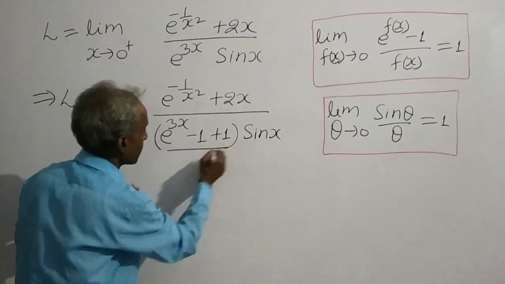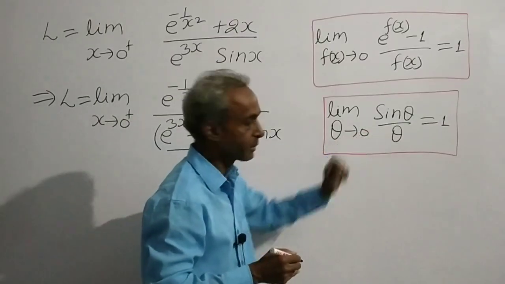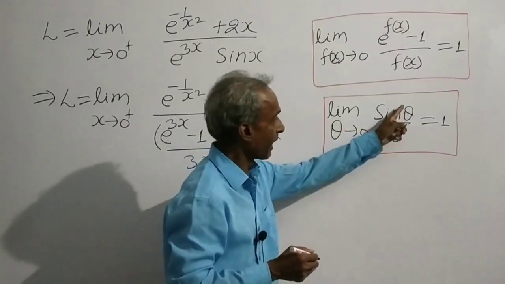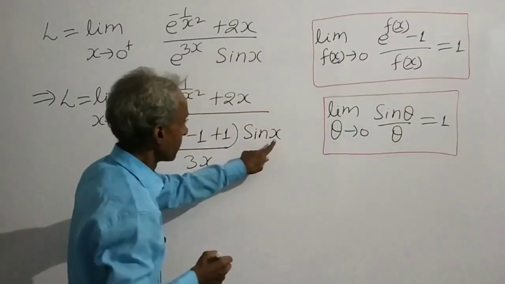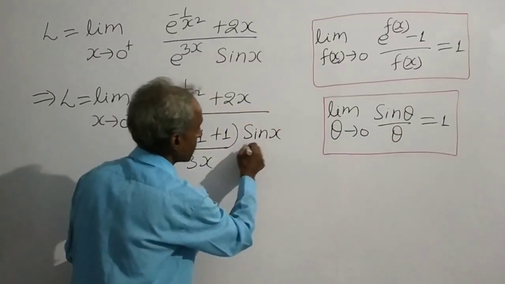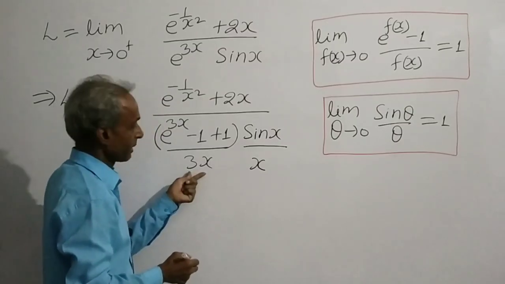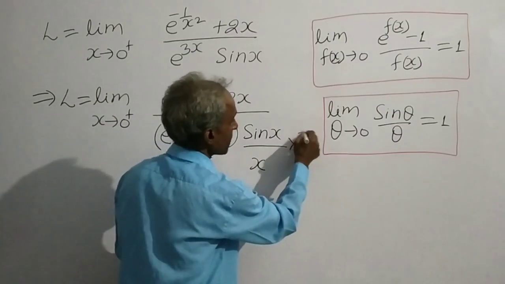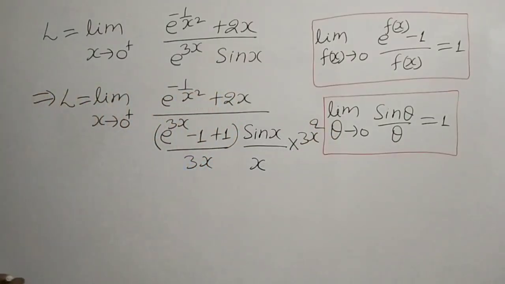Therefore we divide this by 3x. Now we look towards this formula. Here is theta, the angle that is here. Here is x, therefore we divide this by x. 3x times x, 3x square. We multiply this by 3x square.